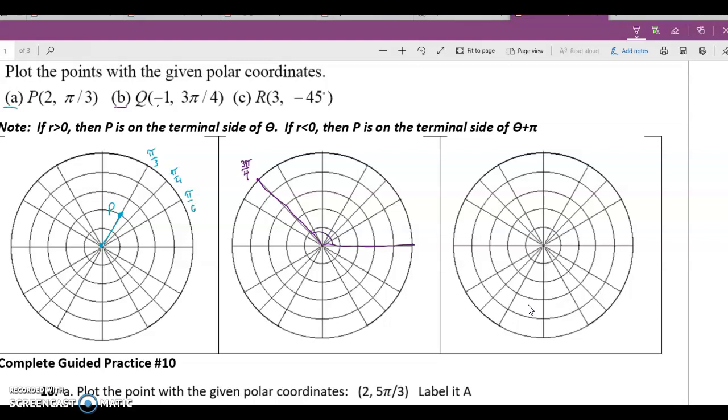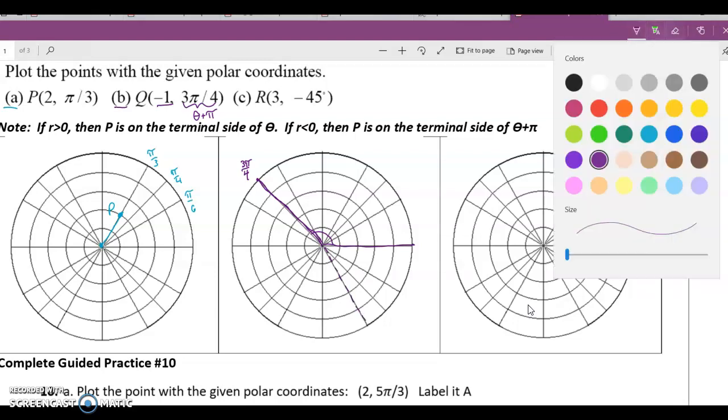What the negative radius means is it is on the terminal side of this angle, theta plus pi. So theta plus pi is going to be the line that is directly opposite from it right here.